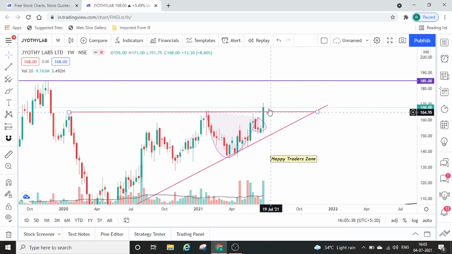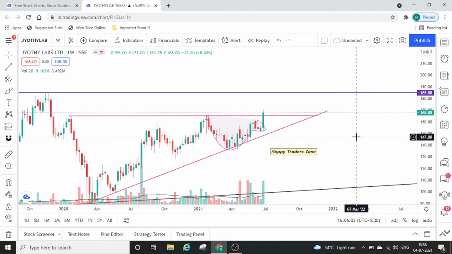Wherever we get the entry, we can do position sizing, and from 165 to 171 we can have the buying. But make sure that on Monday or Tuesday this 171 level has to be broken out. No need to close, just a small breakout needs to be confirmed, then there is a higher chance the stock will move further in the upward direction.